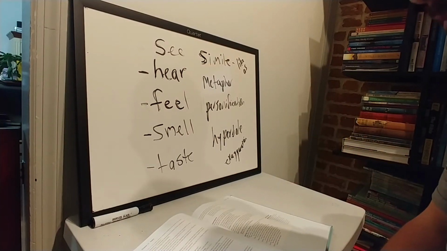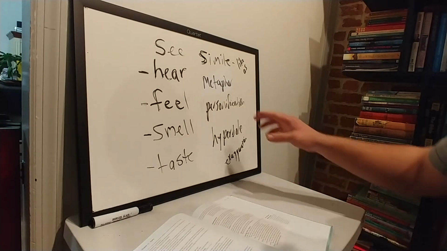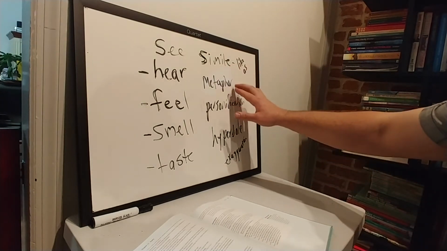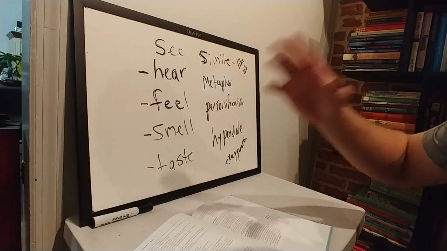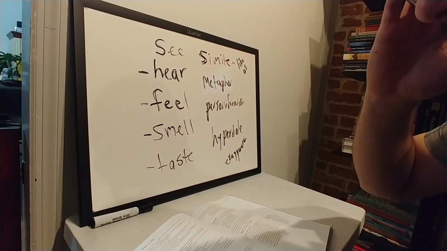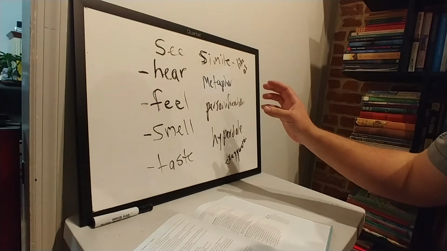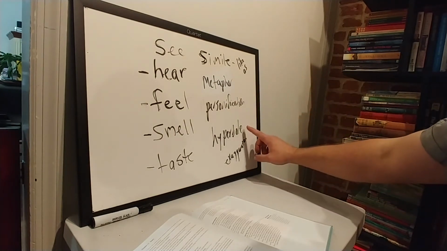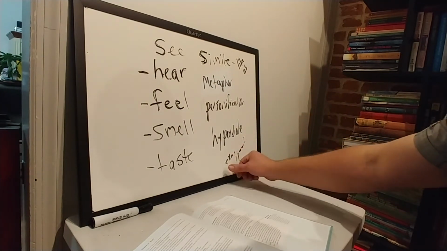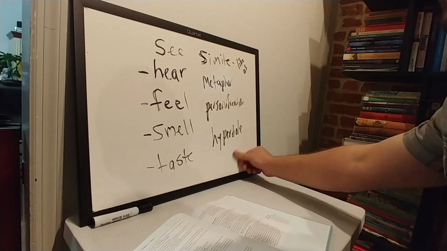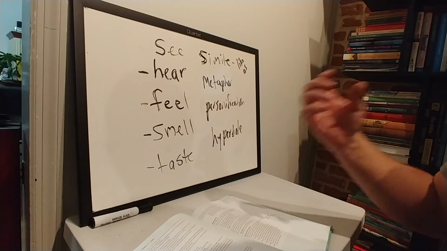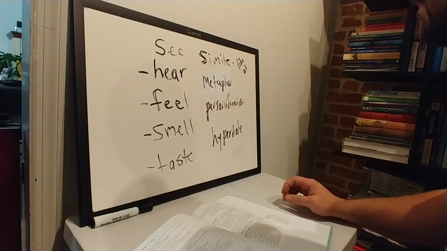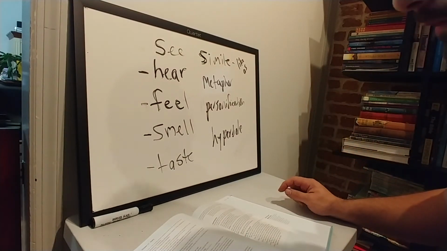Those can be hard to separate, but try to remember a metaphor, like a simile, is like using something else to explain what you're trying to get across. Whereas a hyperbole is not necessarily referring to you as something else, but exaggerating the comparison.